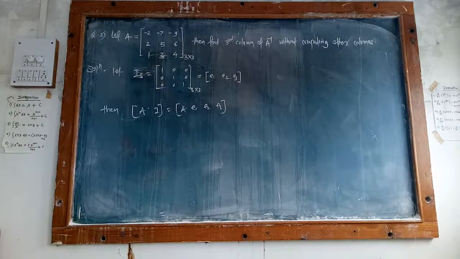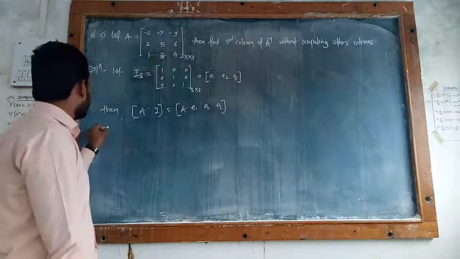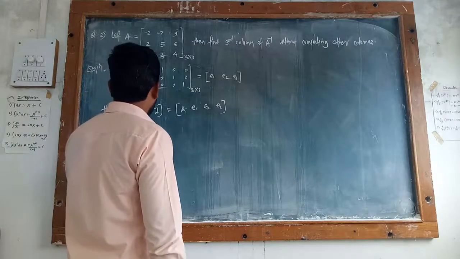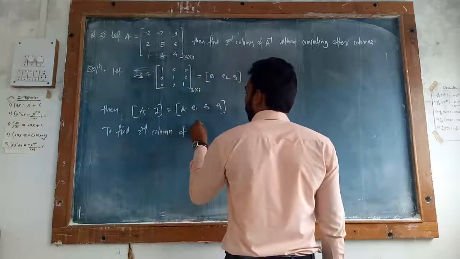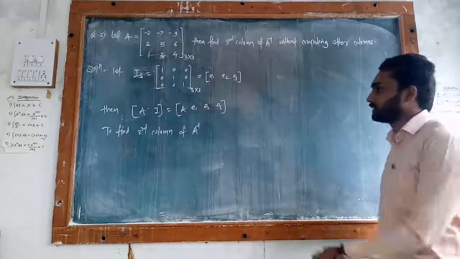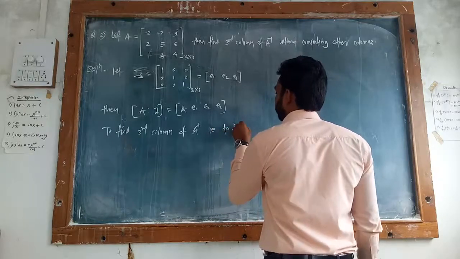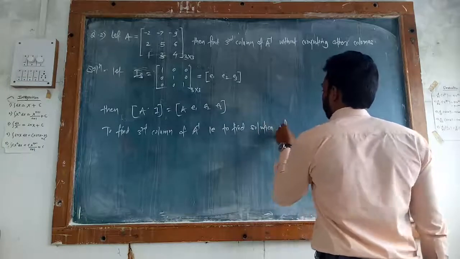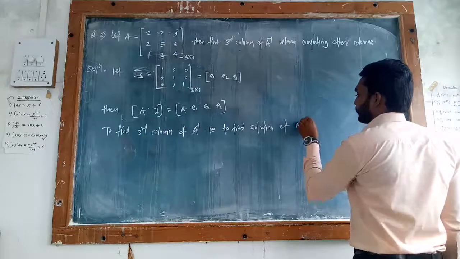Now we have to find the third column of the A inverse matrix, right? To find the third column of A inverse, that is to find the solution of a matrix equation.